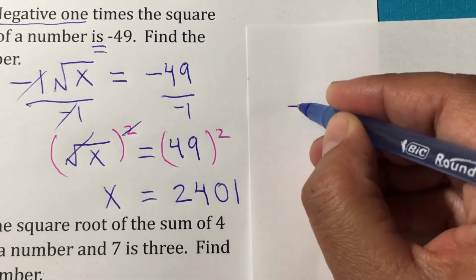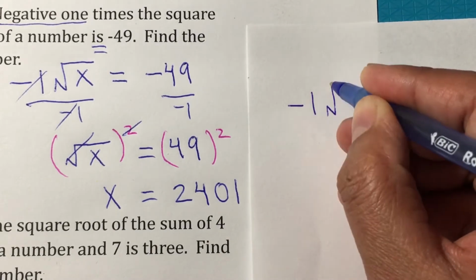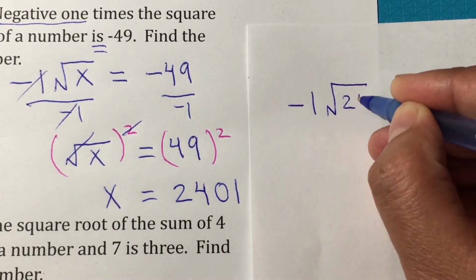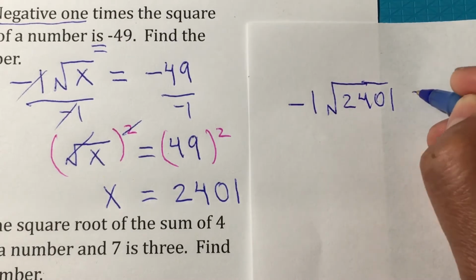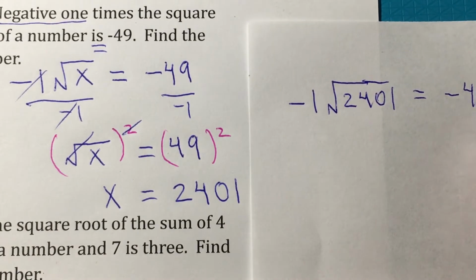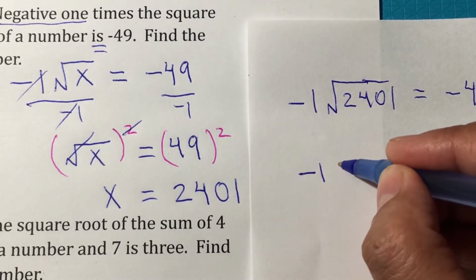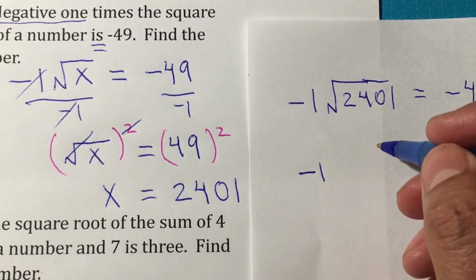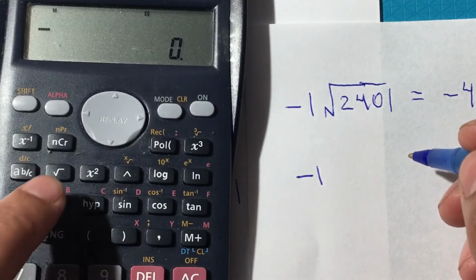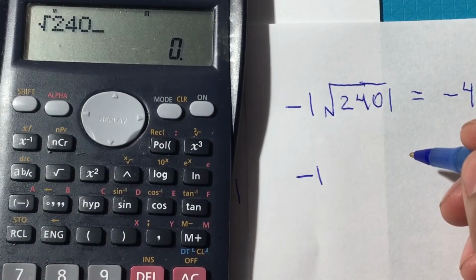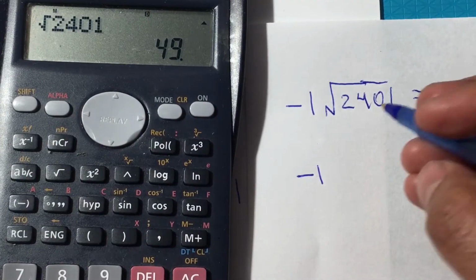So in here we have negative 1 times the square root of 2,401. Is it equal to negative 49? And this negative 1, we're going to bring it down and take the square root of, so the square root of 2,401 is 49.